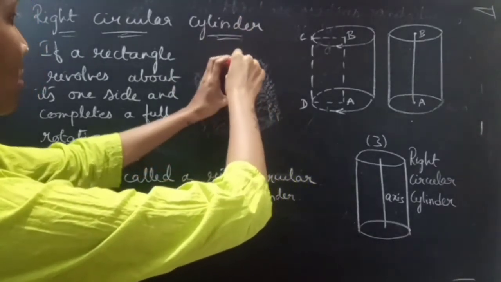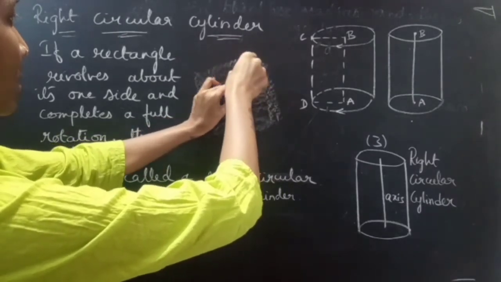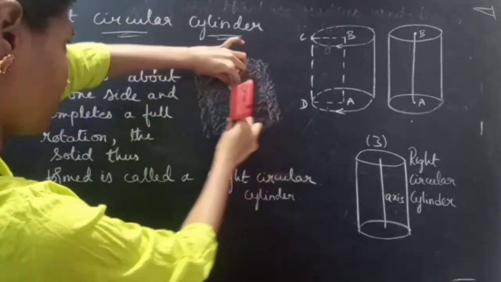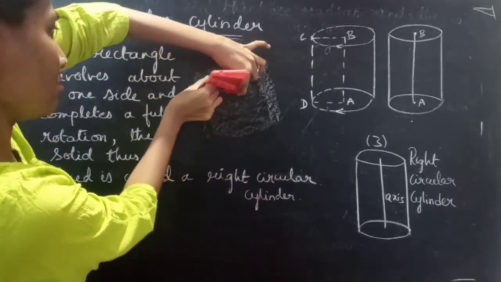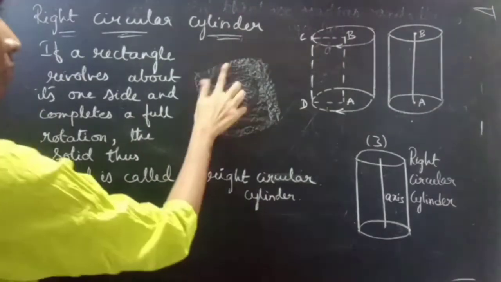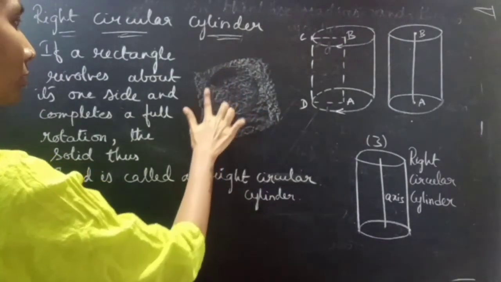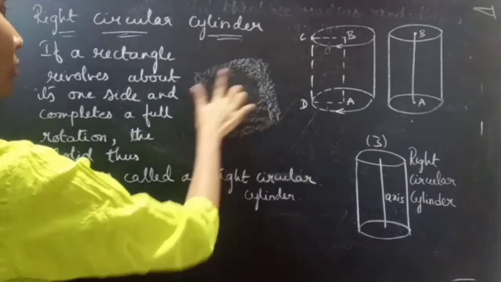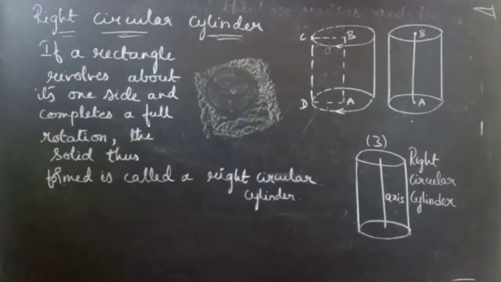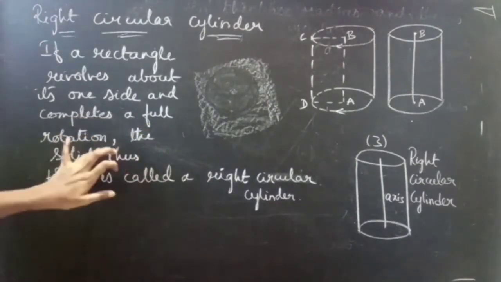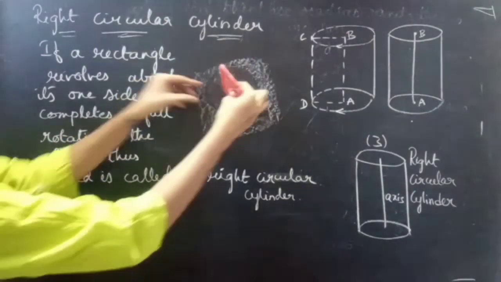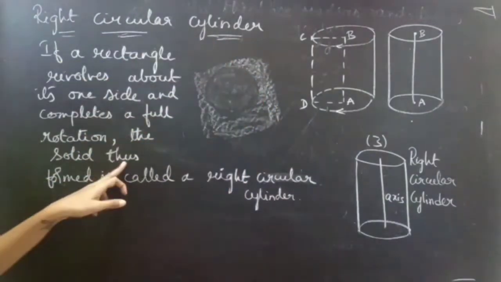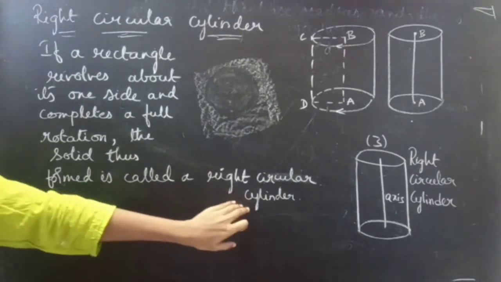If it revolves and completes one rotation like this, completes a full rotation, then the solid formed is called a right circular cylinder.